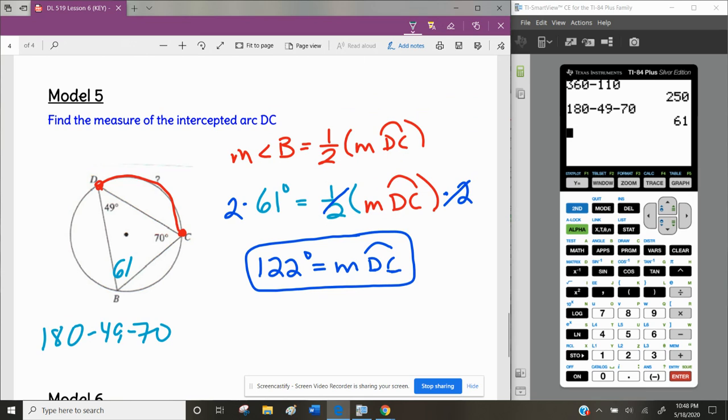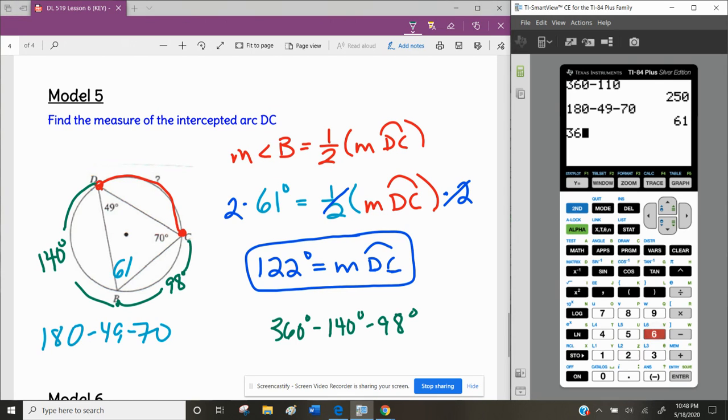So we could double the 49 and we would get 98 degrees for arc BC. We could double the 70, and so that intercepted arc would be 140 degrees. And so we could do 360 minus 140 minus 98, and hopefully we also get 122. And then that would also give us the same answer.